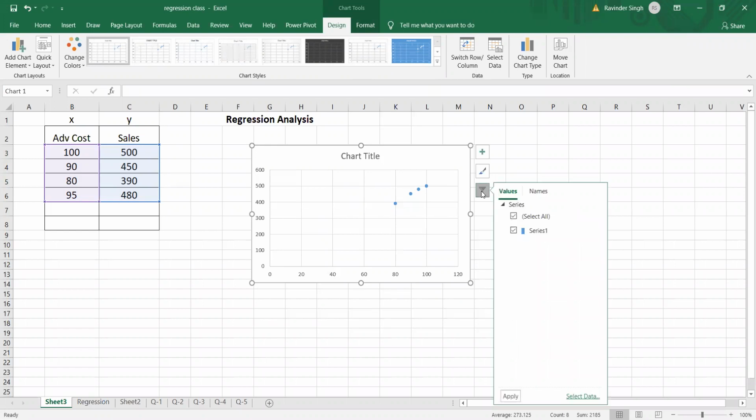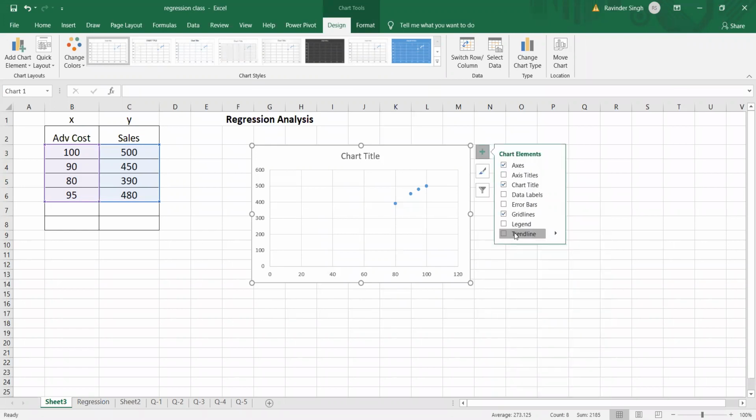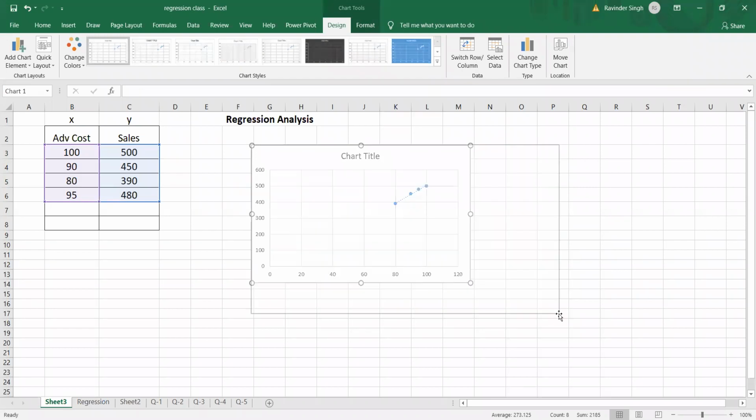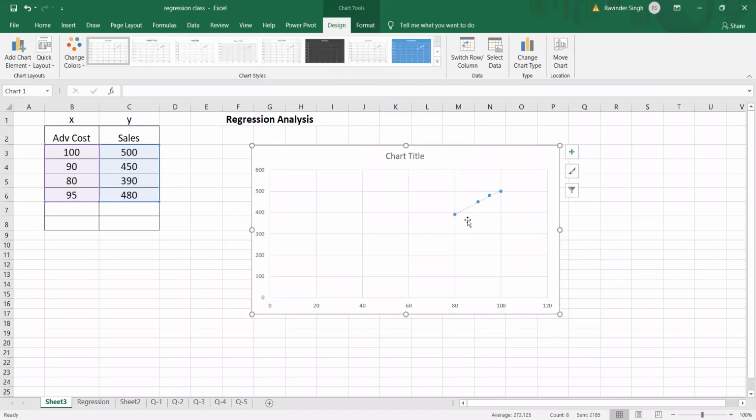Now, when you fit a straight line over here, our objective is that all the points in the data set should lie on the straight line. This is what we saw in the correlation part.